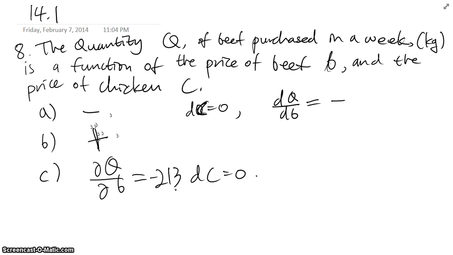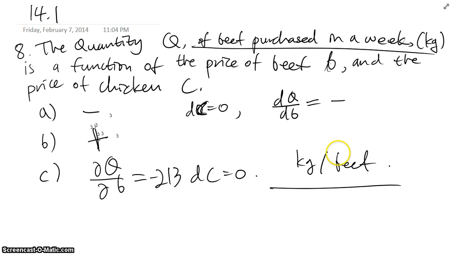And this means, literally from the question, Q means the beef purchased in a week in kilograms, so it's going to be kilograms over the price of beef. On the bottom, the unit is the price of the beef, so it's going to be dollars, dollars spent on the meat.